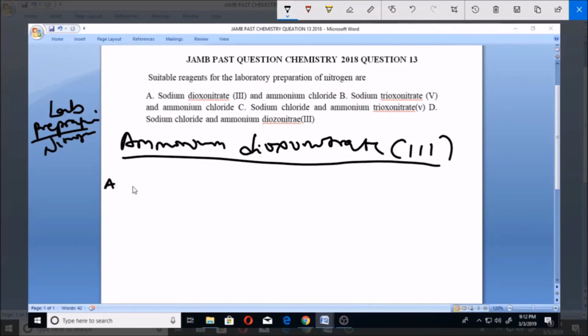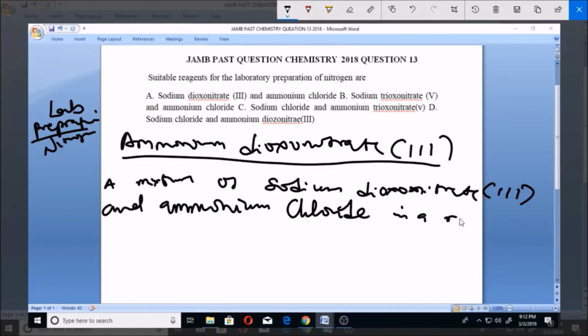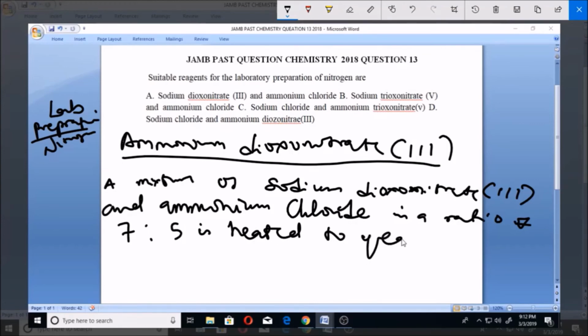This actually happens by using a mixture of sodium dioxonitrate 3 and ammonium chloride, and this mixture is done in the ratio of 7:5, and this mixture is heated to yield.